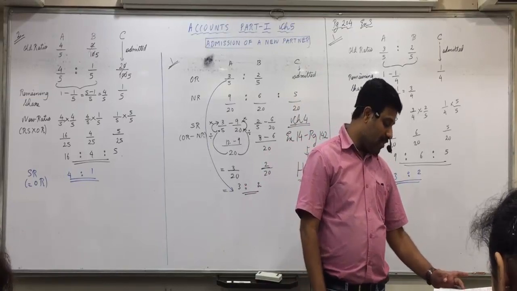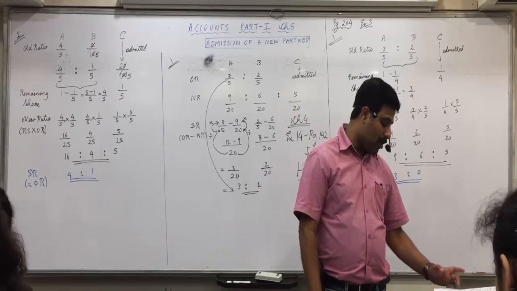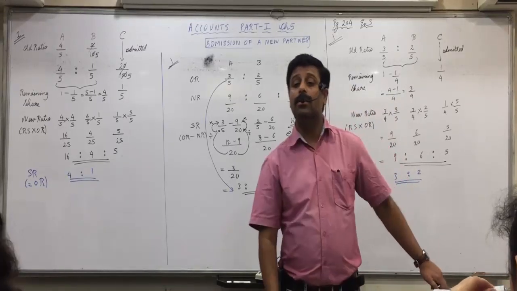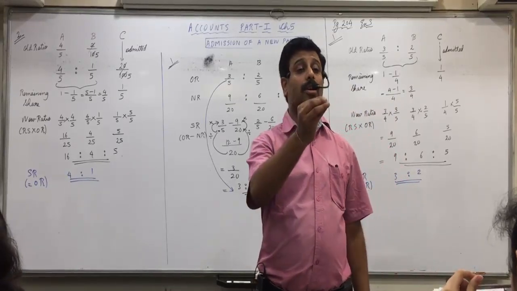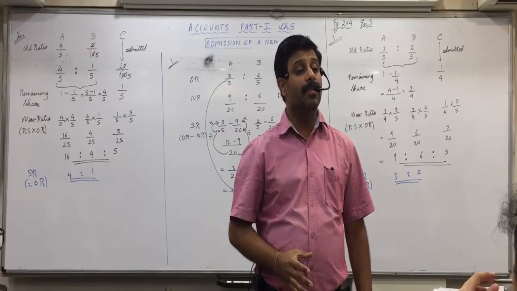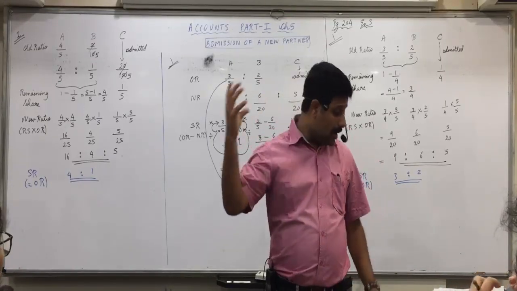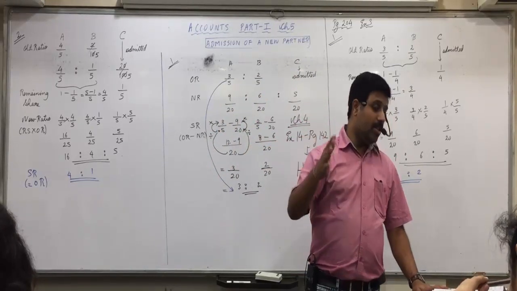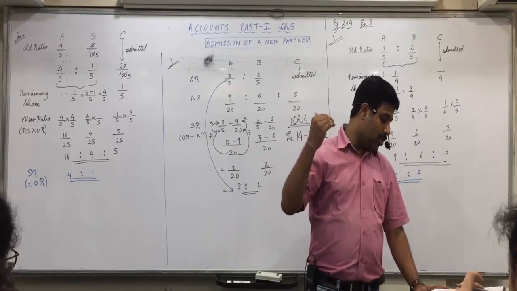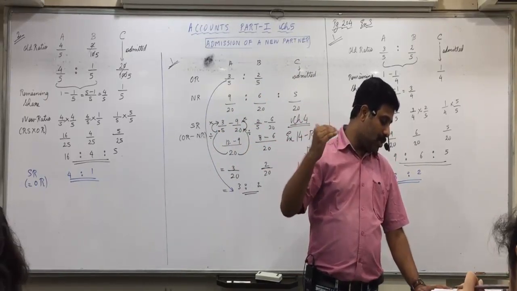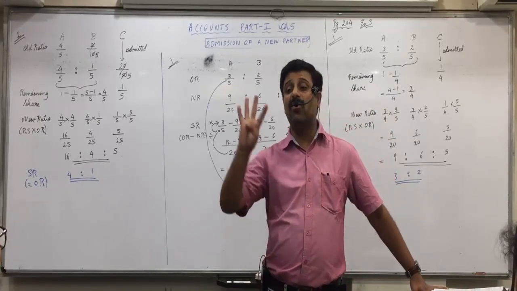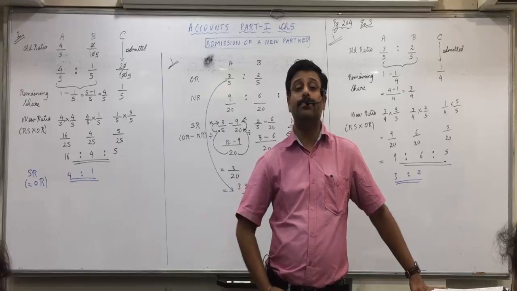Do you find machinery, furniture, investment, bad debt reserve, stock, outstanding expense, bank overdraft interest? Directly pass a combined entry for that. So revaluation account debit 59,500 to machinery account, to furniture, to investment, to bad debt reserve, to stock, to outstanding expense, to bank overdraft interest. This will be your fourth journal entry.